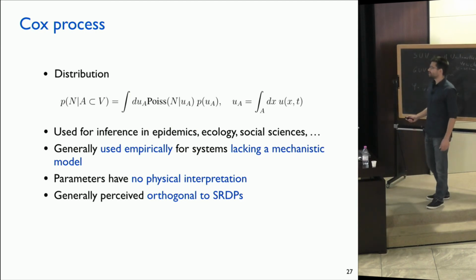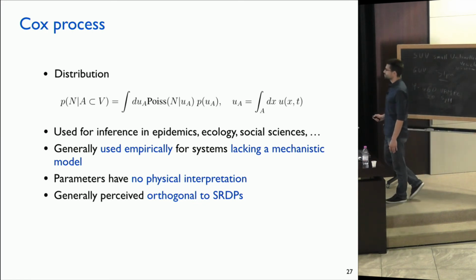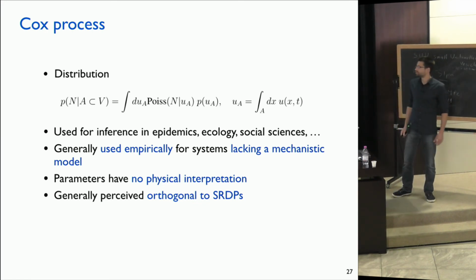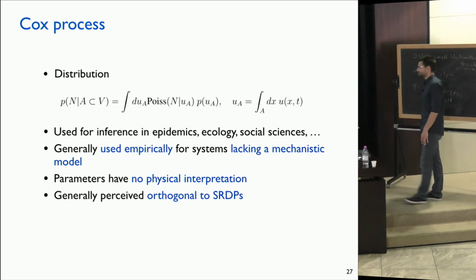And in that case, the probability to find a certain number of points in a subregion A is no longer given by Poisson distribution, but by a mixture of Poisson distributions, because the mean value is now itself a random variable, and it's still given as the integral over the intensity. Those processes are used quite a lot to do inference in many different systems, including epidemics, ecology, social sciences.